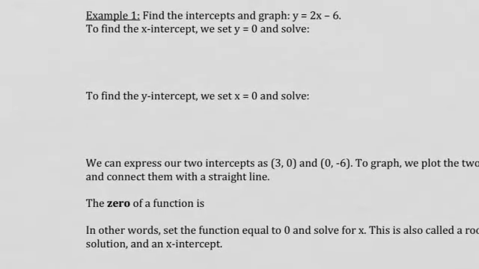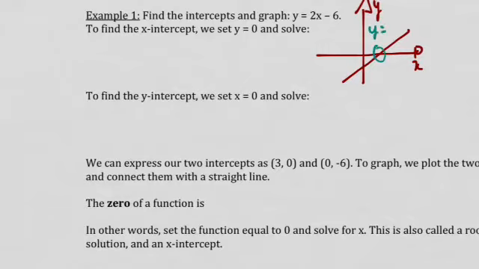And we try to understand why, to find the x-intercept, we need to set y equals 0. Because when you look at the x-intercept, which is the point of intersection between your line and the x-axis, right here the point of intersection is right there, and right here we're having y equals 0. So when y equals 0, we end up with 0 equals 2x minus 6.